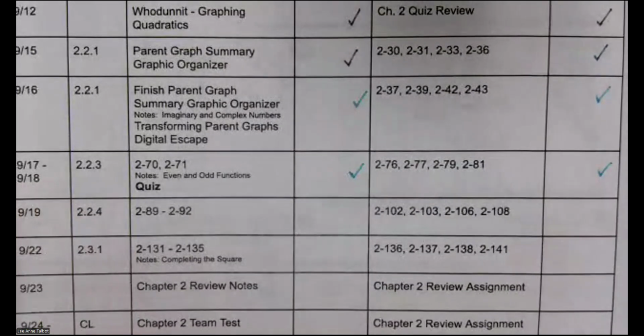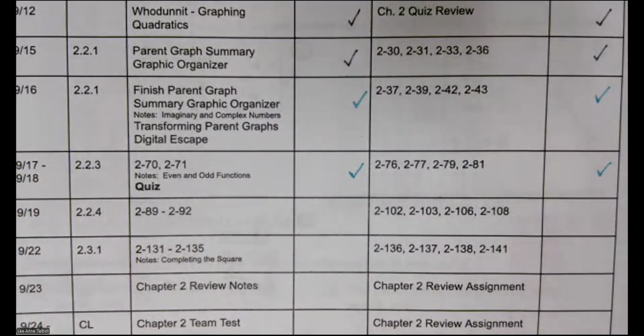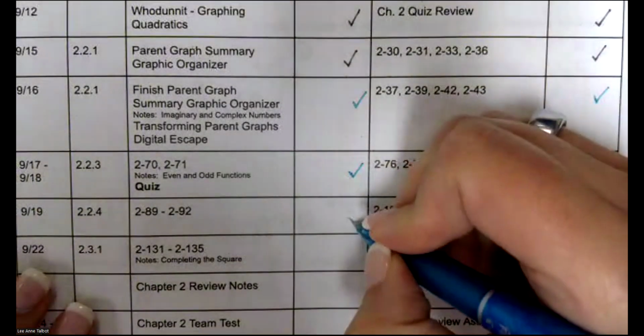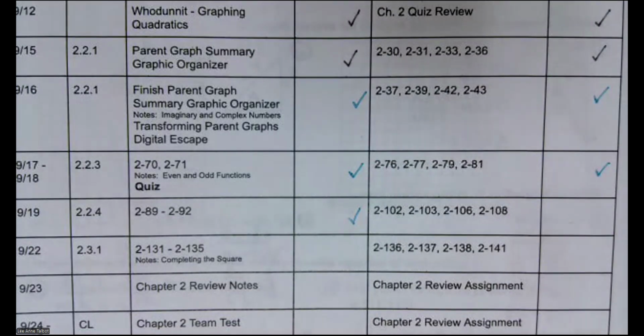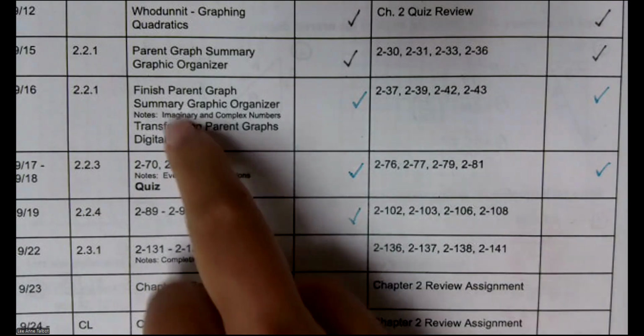Okay. So, do you guys see the blue check marks? Those are the things that I would like to stamp. There are 1, 2, 3, 4, 5 of you, of which I did not receive your digital escape. So I will not be stamping that digital escape box for 5 of you.